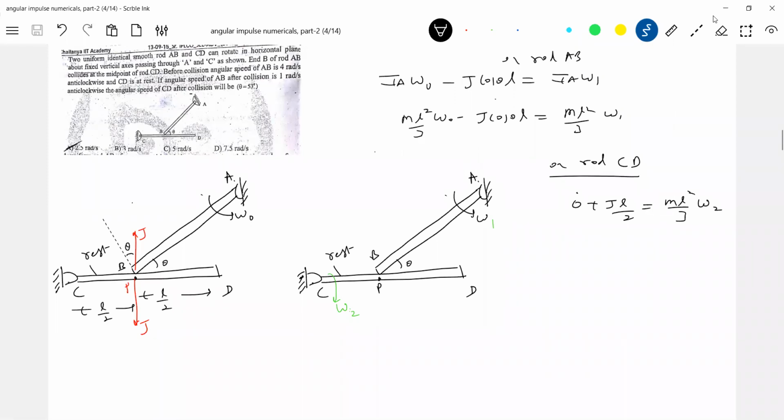Don't say that I'll apply conservation of angular momentum about B. Can you apply it? Some impulsive reactions will act at the hinges, no? So therefore angular momentum is not conserved. Here some impulses will come, here some impulses will come. Very difficult to find them, so just leave it. Better to go for the angular impulse, angular momentum equation.